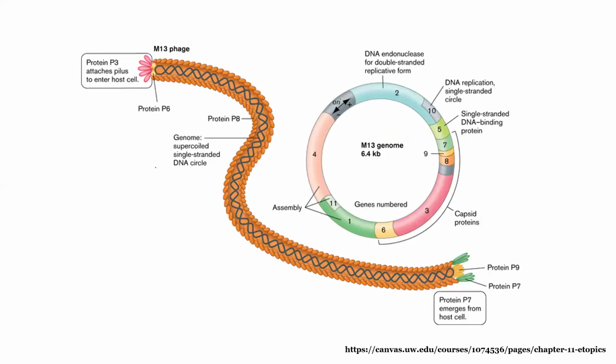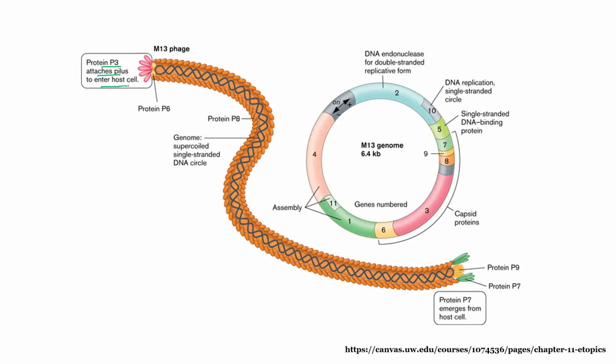This is another picture of the structure of M13 bacteriophage. The P3 protein at one end is the attachment protein, and that helps the bacteriophage to attach to the F pilus to enter the host cell.